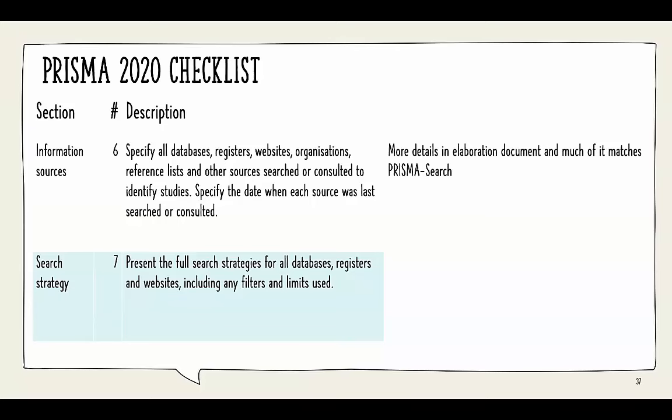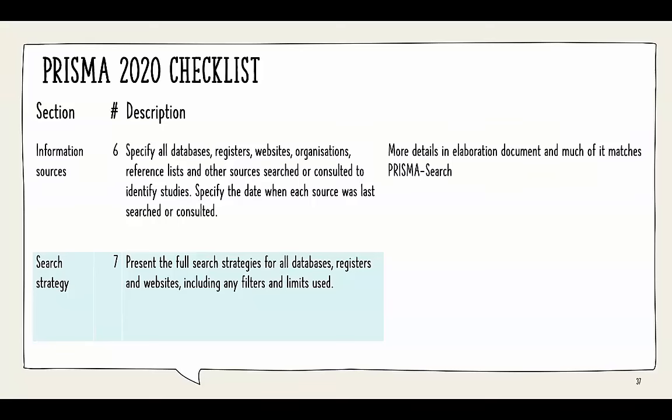So what does PRISMA 2020 ask us to do? It has 2 main sections in there. First is the information sources. So we kind of already saw this in the abstract, only this goes a little bit further and it says not just the databases and the registers, but tell us the websites, organizations, what around the reference list did you do, things like that.